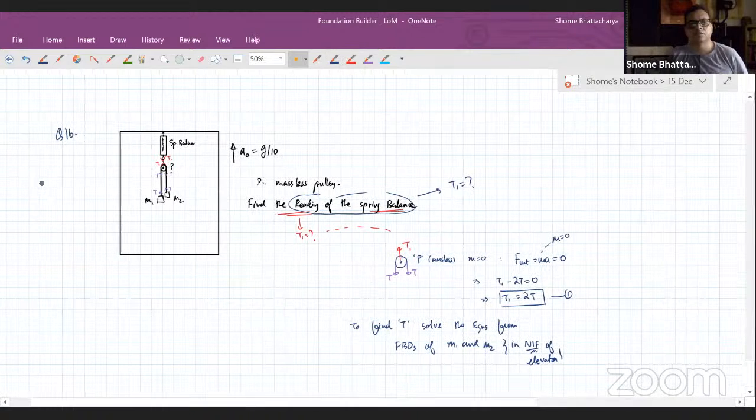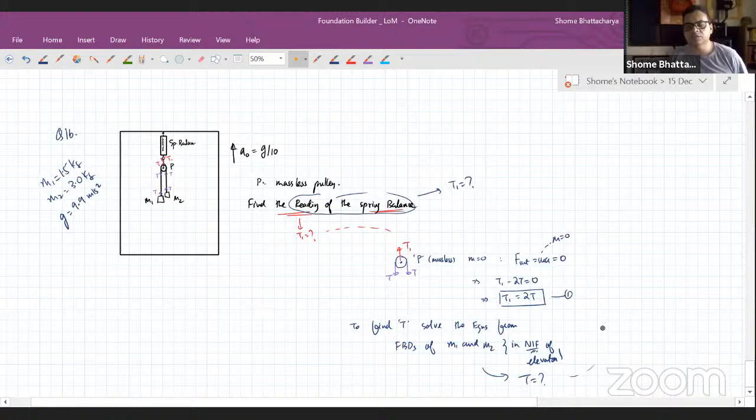So M1 is given to us as 1.5 kg and M2 is given to us as 3.0 kg, and we have to take g for this particular question as 9.9 meters per second square. So from all this information, what do we have to ultimately do? We have to find T, so that we can substitute it here.